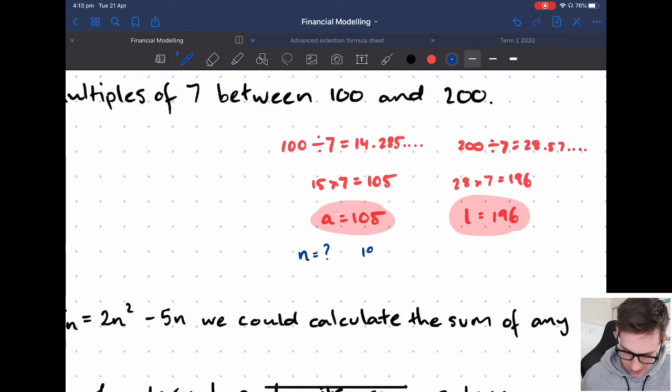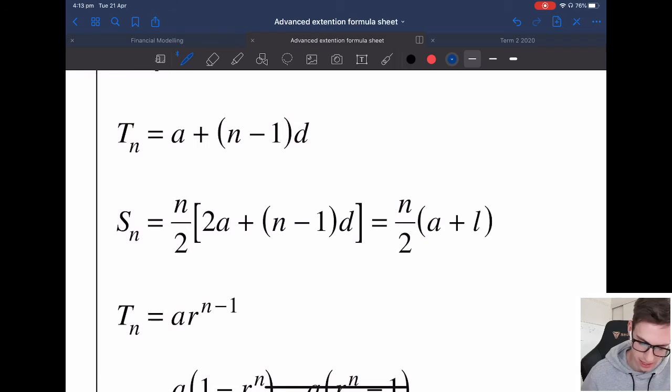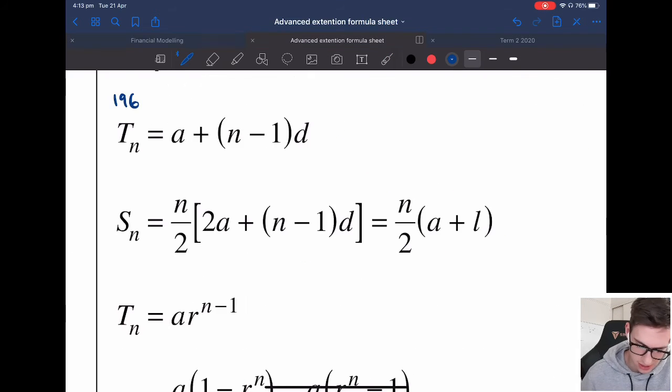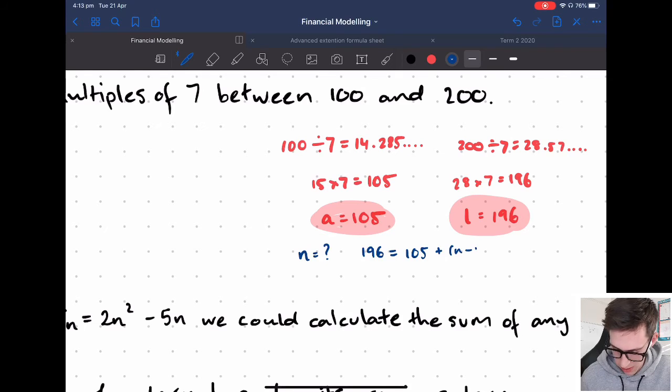So when I get an answer of 196, and again, I'm popping 196 as my term, where A is 105 from just here, plus, now it's going to be n minus 1, times my difference.